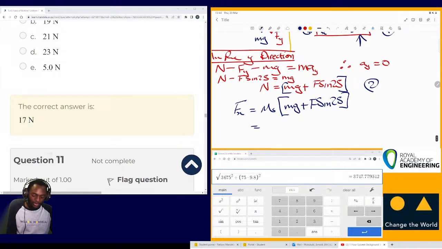So we now substitute. In the physics workbook, they actually have a table that gives the static coefficient of friction, which is 0.1. So in this case, I'll just give it to you, 0.1. What is our mass?